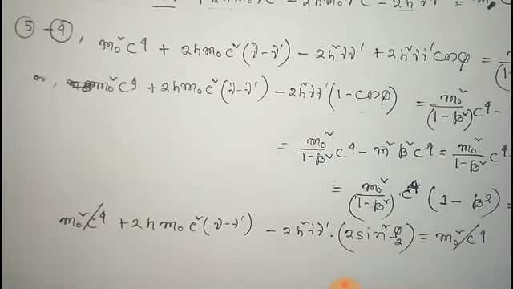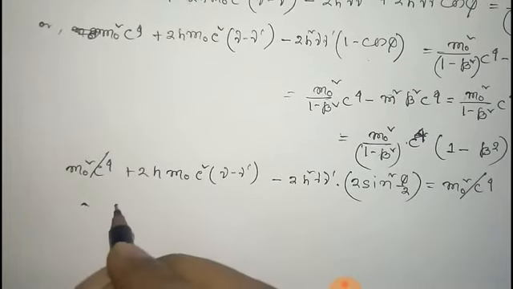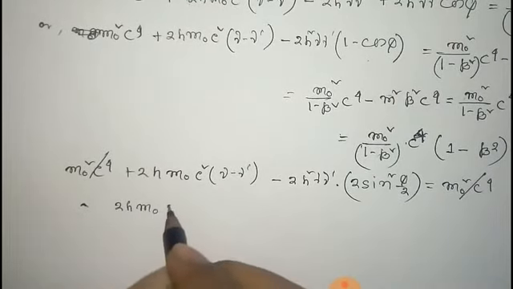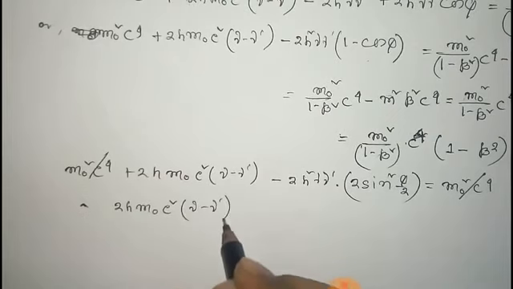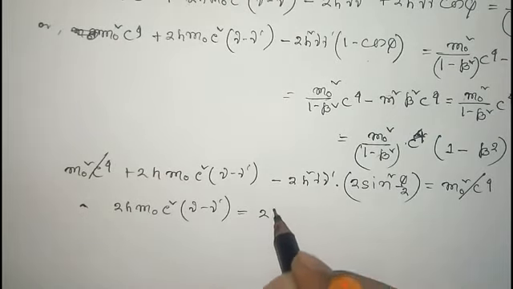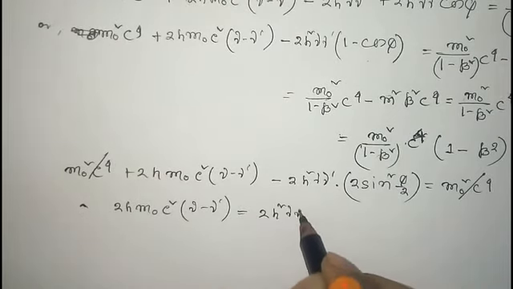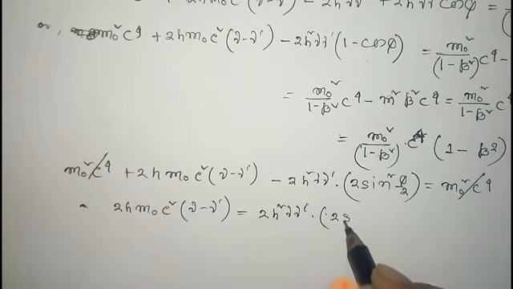This term cancels out, so the remaining is 2h m naught c square nu minus nu prime, that's equal to 2h square nu nu prime into 2 sin square phi by 2.